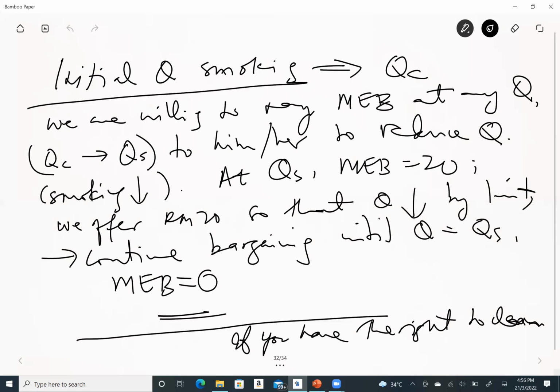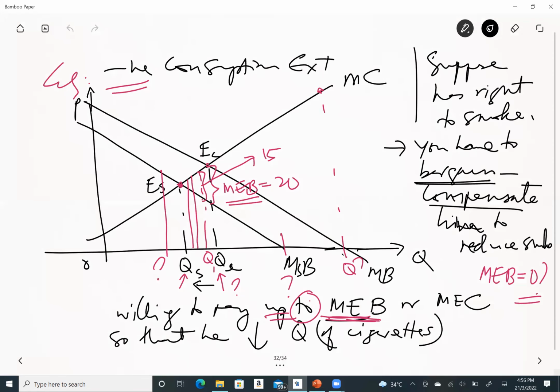So for example, you start from here, 0. Right? So at 0, you will see the marginal benefit to him. All right, marginal benefit is larger than the marginal cost. So he's willing to give us that much. No, it's not marginal benefit.